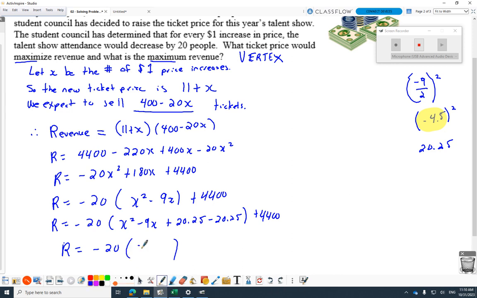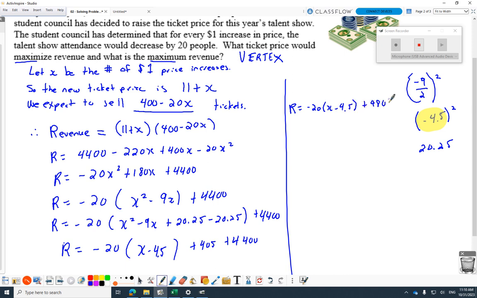X minus 4.5. And then, I'm not going to make this mistake. If you don't know why I did this, ask me. I get 405. Little divider line here. So I get R equals negative 20, X minus 4.5, plus 4805.